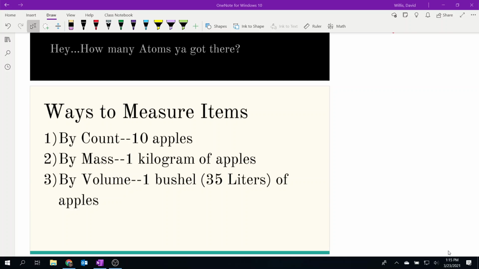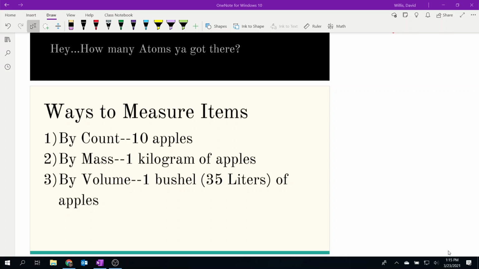A third way to discuss that would be in terms of volume. We don't usually talk about that too much in our everyday usage. This might be more common in certain agricultural industries.